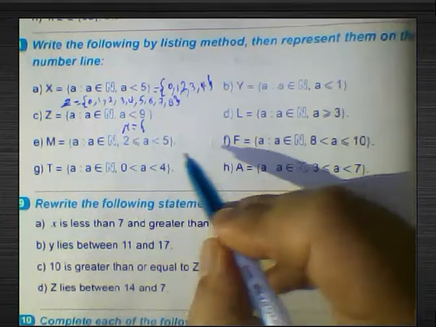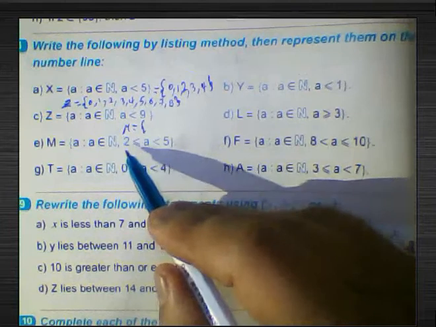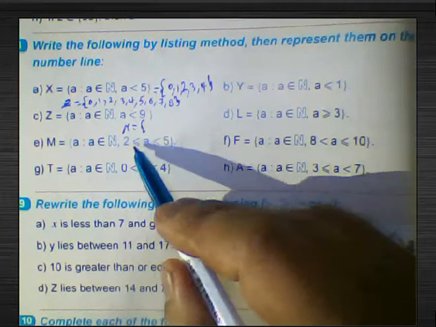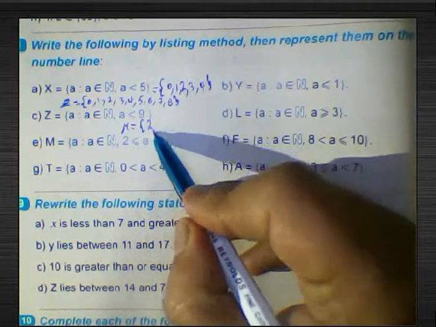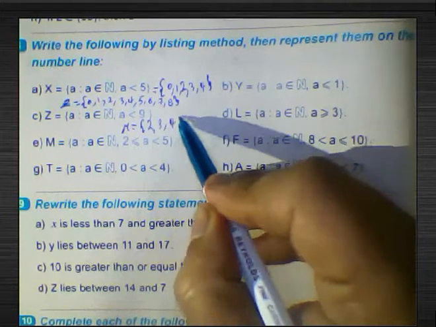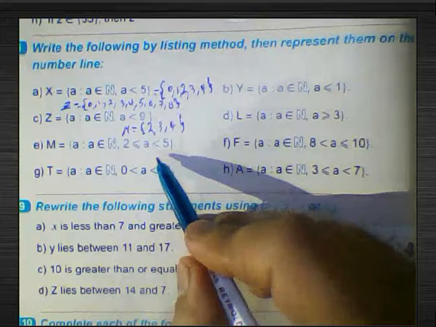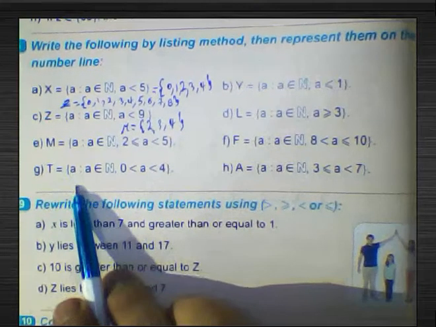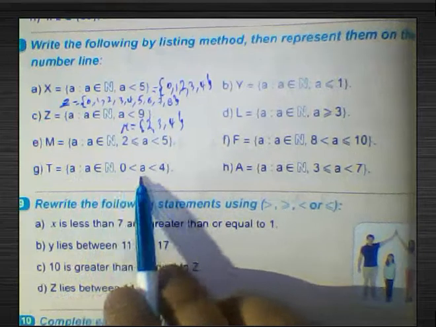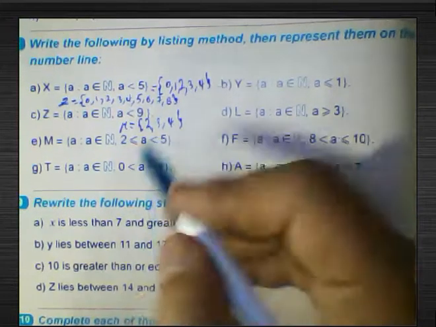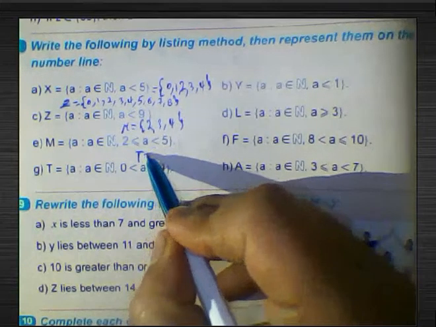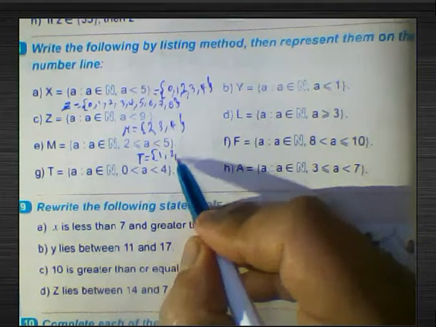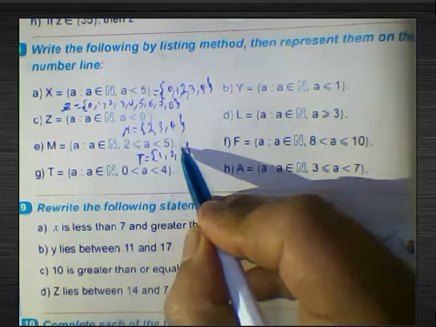So you can write all elements between 2 and 5, and write 2 because A can equal 2. A more than or equal to 2, we can write 2, 3, and 4 only, because we want to find the elements less than 5. T equals set of A such that A belonging to n, A more than 0 and less than 4. So T will be the set of 1, 2, and 3.